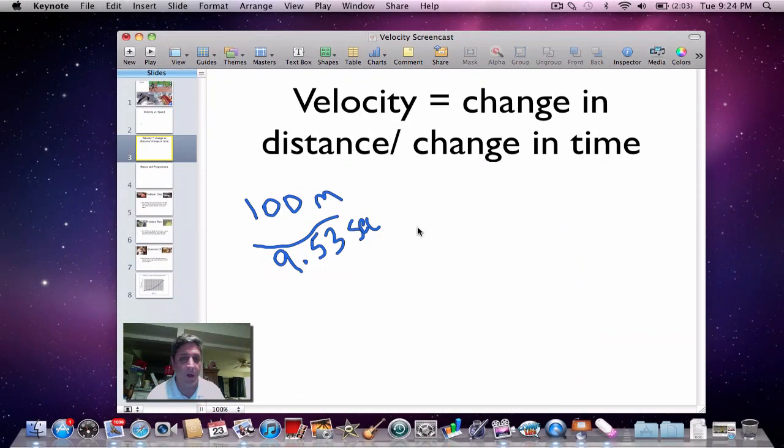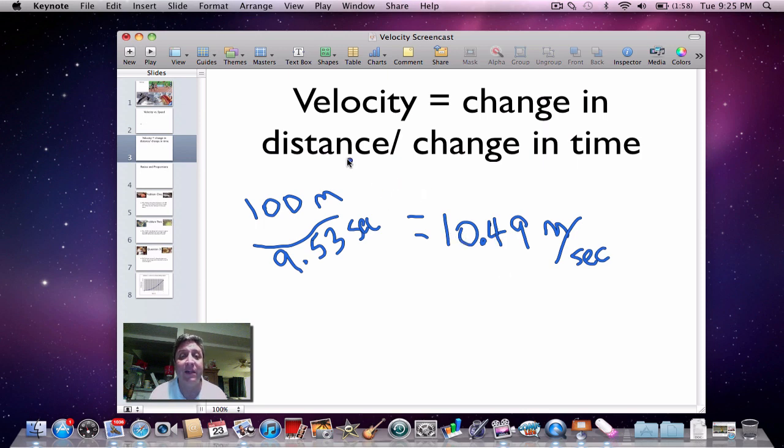And what the unit is, 10.49 is meters per second. And what that means is that for every second, he ran 10.49 meters. Okay? So that is how you figure out velocity.